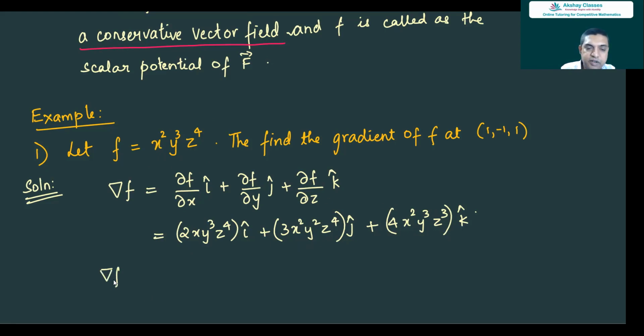Now, the gradient of f at this point, 1 comma -1 comma 1. Substituting, we get a negative value, -2i. Here we get all positive values, plus 3j.